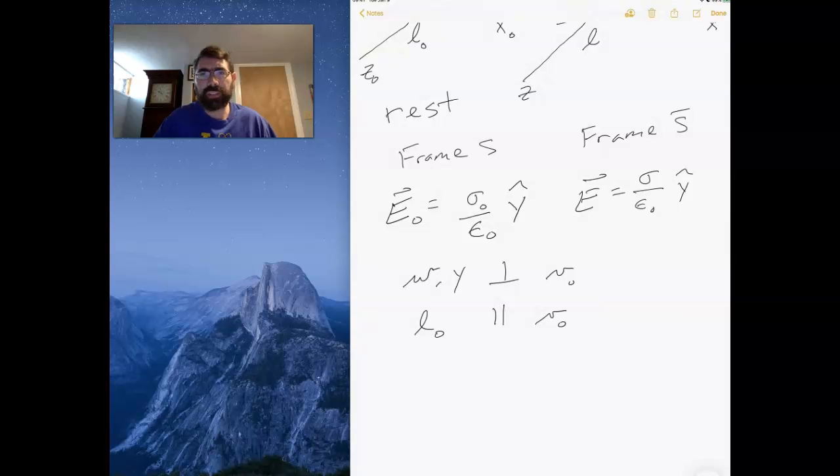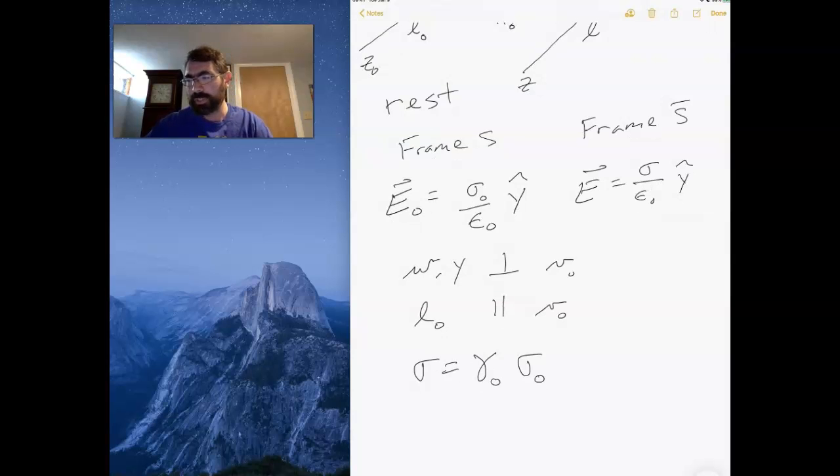Since there is a contraction of the length, the charge density is going to be modified by the relativistic factor gamma, and I'm only putting the 0 in because it's related to the velocity v0, times the original rest frame charge density. So what is this gamma?